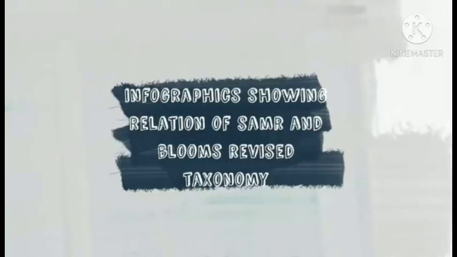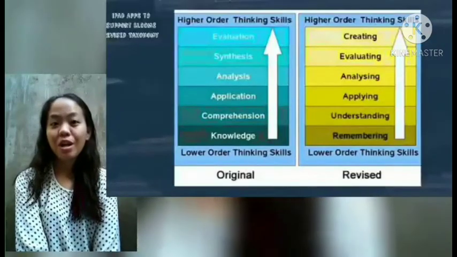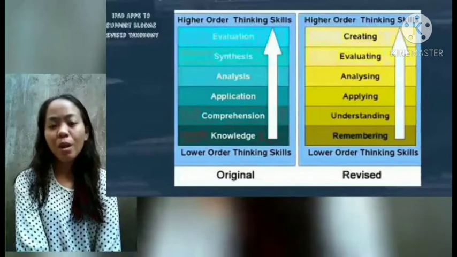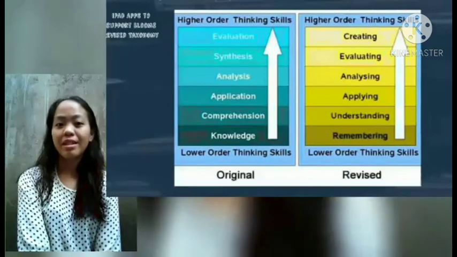Infographics showing the relation of SAMR and Bloom's revised taxonomy. So there are 6 levels of cognitive learning according to the revised version of Bloom's taxonomy. The first one is remembering, which means to recall. The second one is understanding, which means to comprehend.